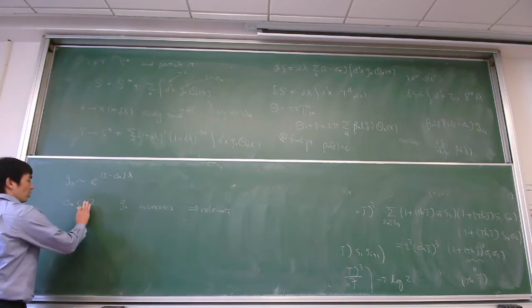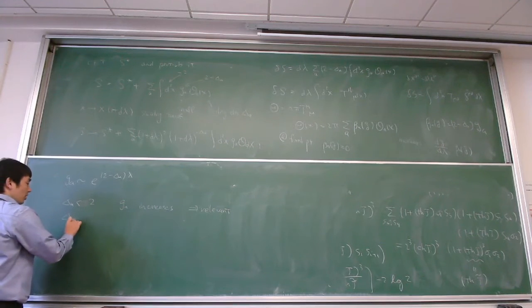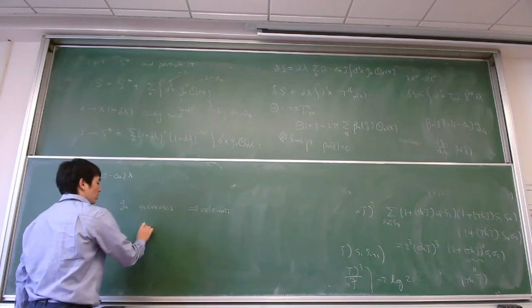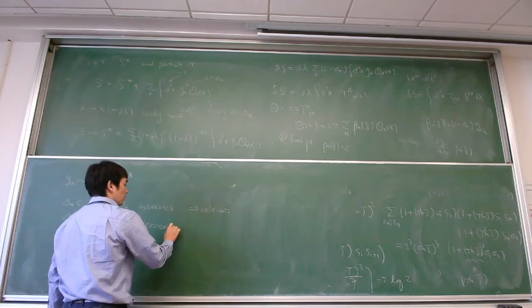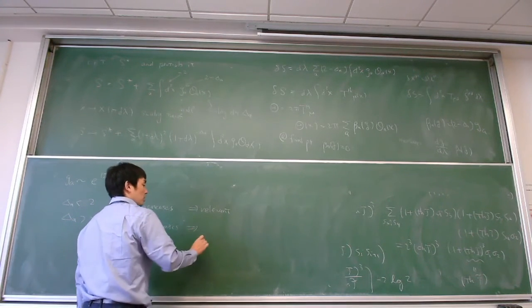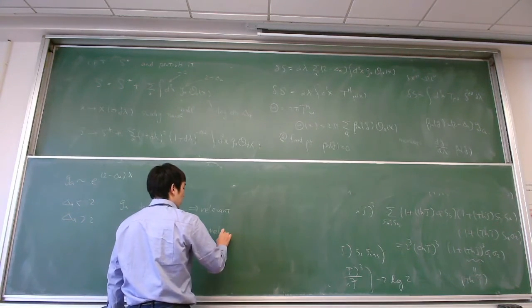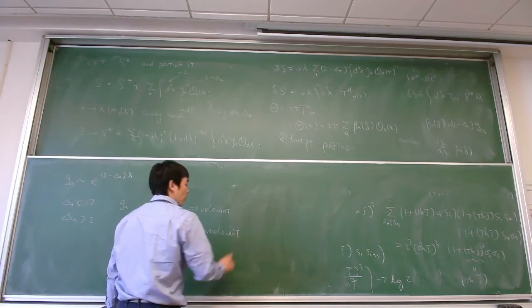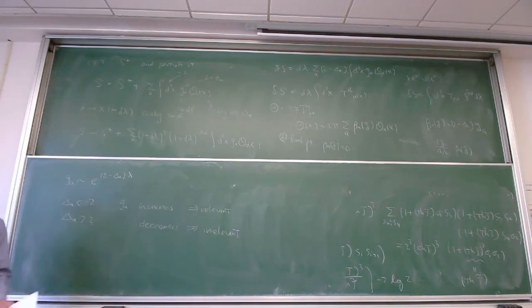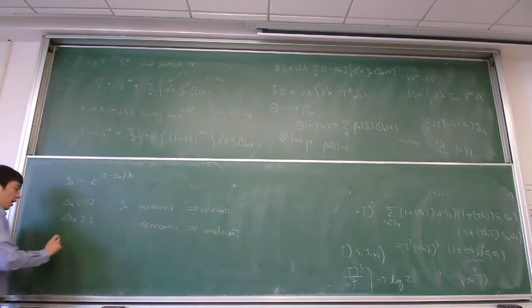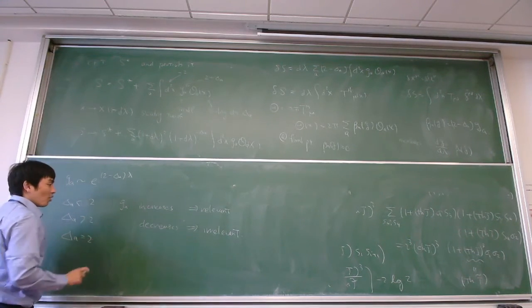On the other hand, if delta_A is greater than 2, the coupling decreases. So this is called an irrelevant coupling, and it becomes irrelevant in the infrared. Delta_A equal to 2 is called marginal.